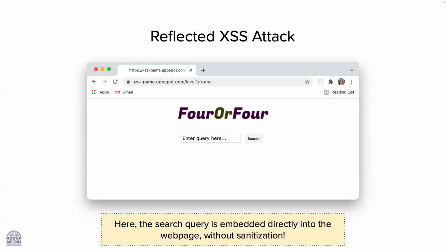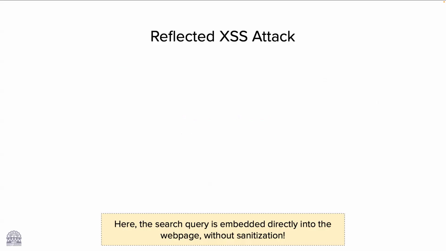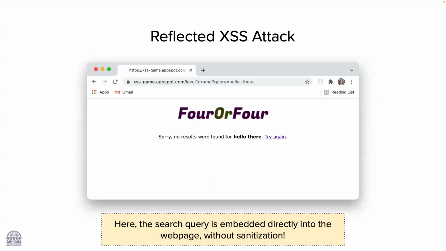So one standard way of thinking about this is, it's usually only possible if the website has some sort of security vulnerability. If I enter a query here, what you see is that the query is just going to be a parameter of the GET request here, right? So it's just going to be up there.